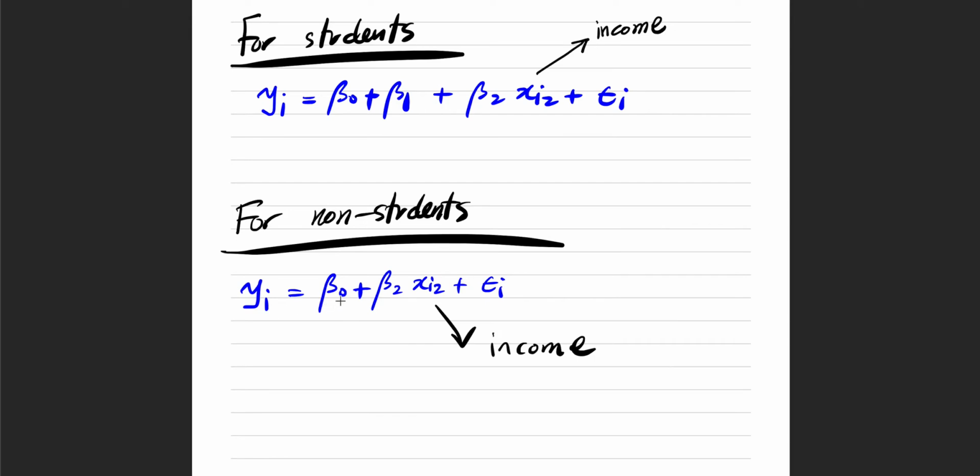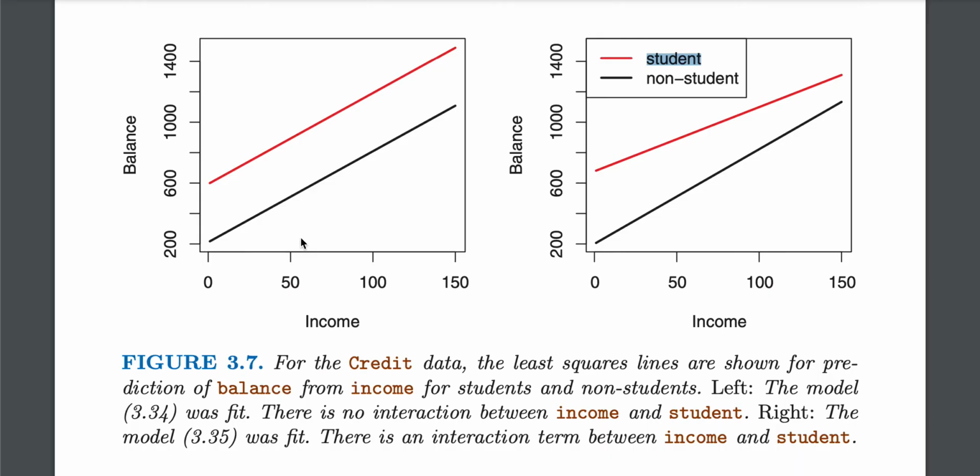The response is just the intercept plus beta 2 xi2 plus epsilon i. So again, this is linear. The slope is the same, it's just the intercepts that are different. And when intercepts are different, we are dealing with two lines that are parallel, but one of them is going to be on top of the other one. These two only have a difference of intercepts.